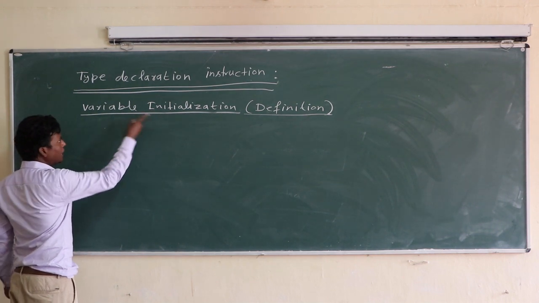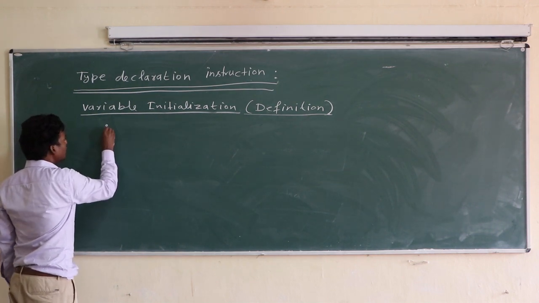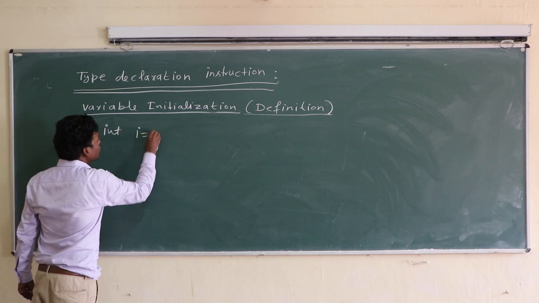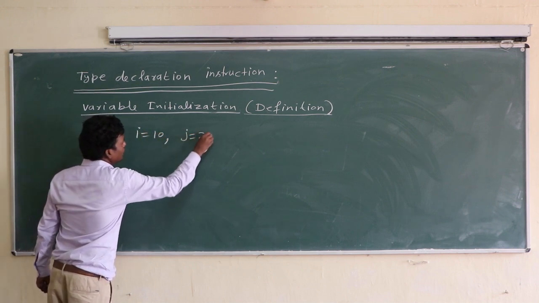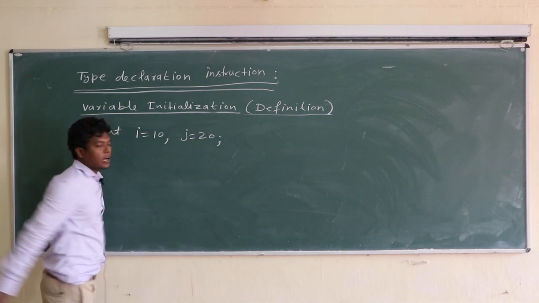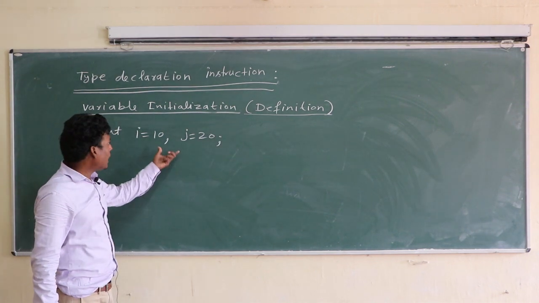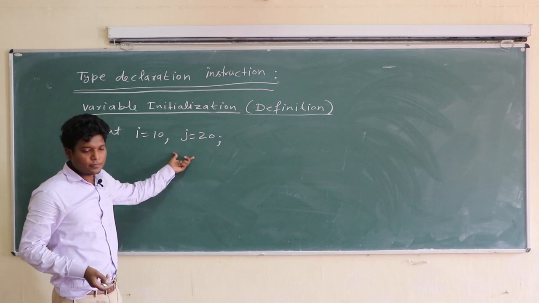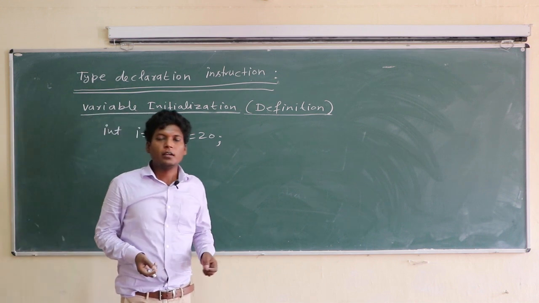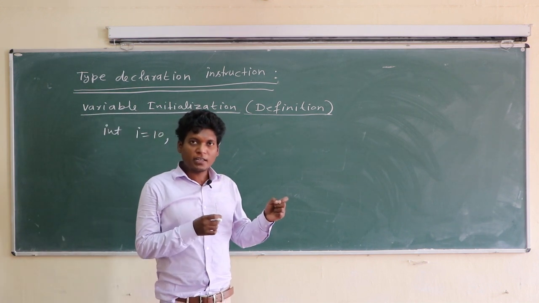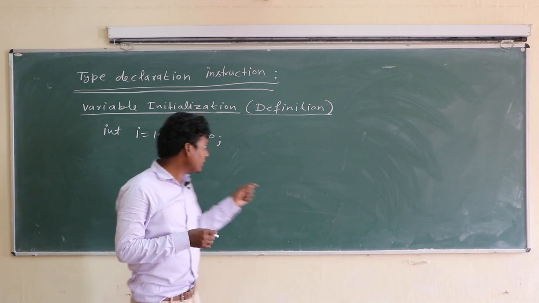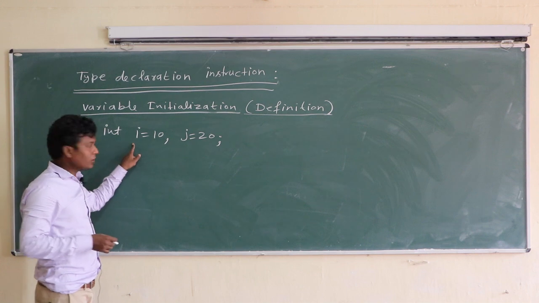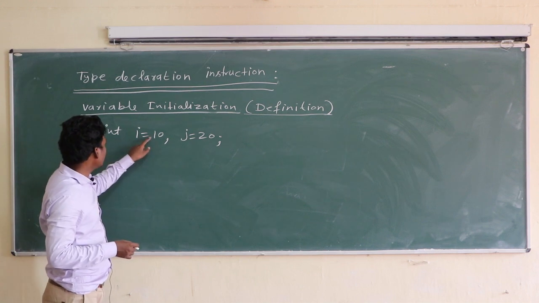Some more examples on variable initialization. int i = 10, j = 20. This is also a valid variable initialization in a single line. As you can declare variables in a single line, you can also initialize variables in a single line.